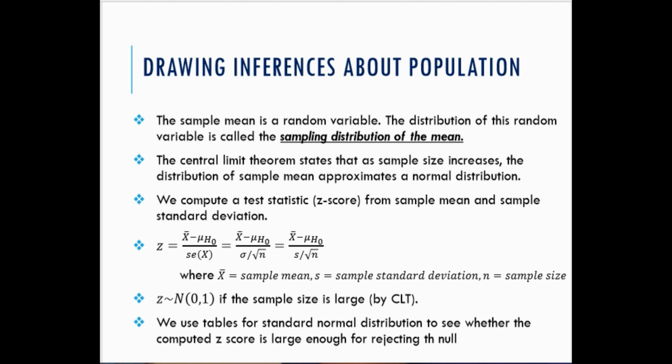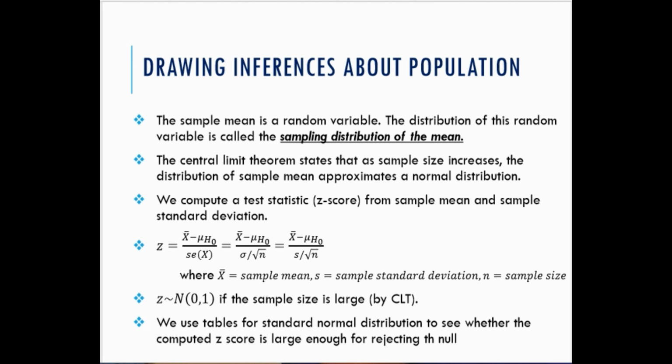Suppose you are testing a hypothesis about the mean. Then you compute a z score, which is basically the sample mean minus the hypothesized population mean. Suppose in that particular case of the height of female adults your hypothesized population mean is 170 centimeters.